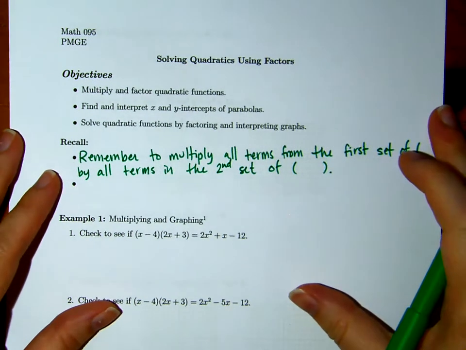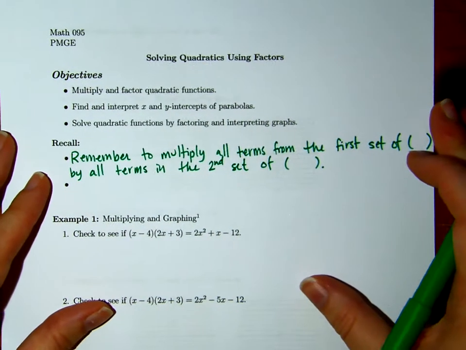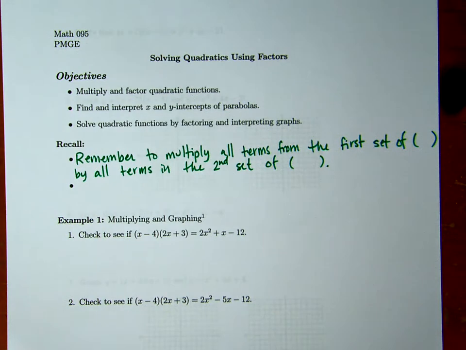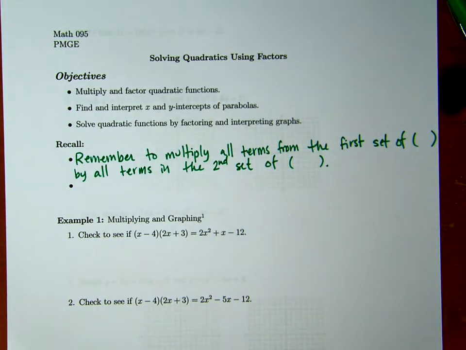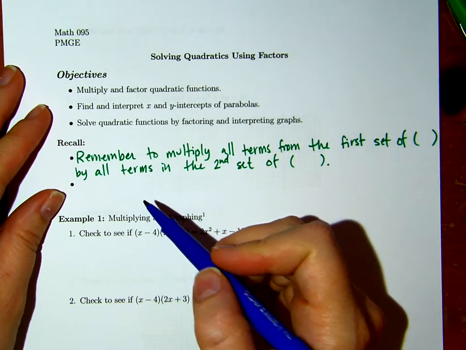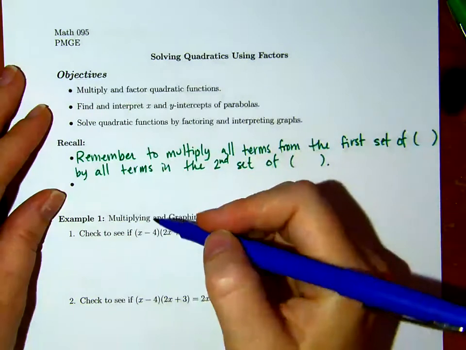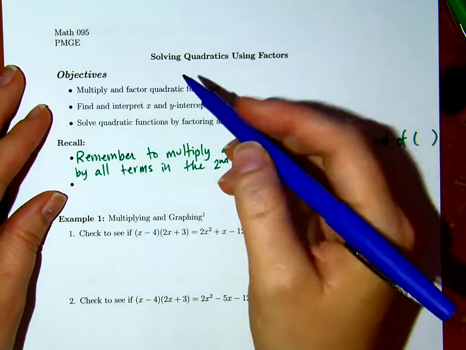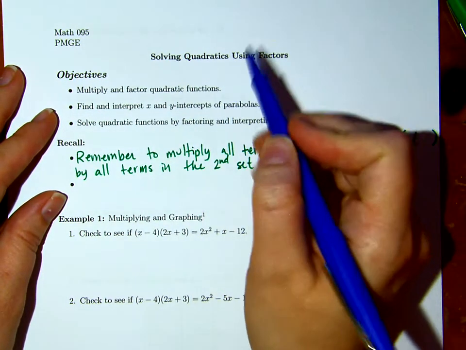And then I also wanted to, this is more of a remark than it is a recall, but when the factoring, so now we're going to talk about these factors.